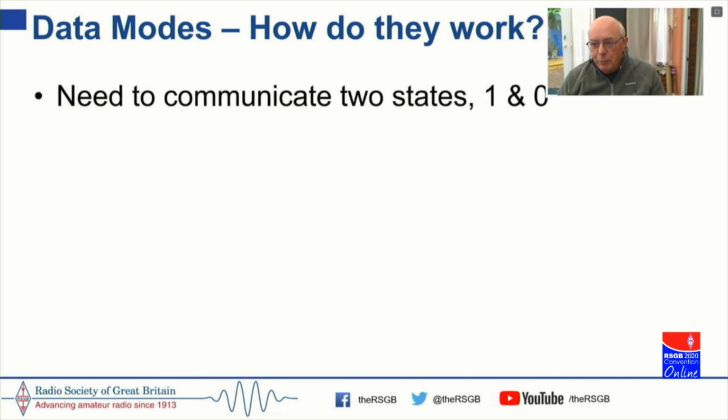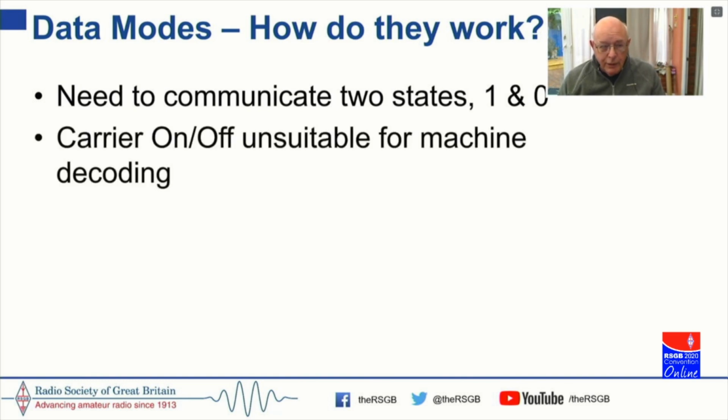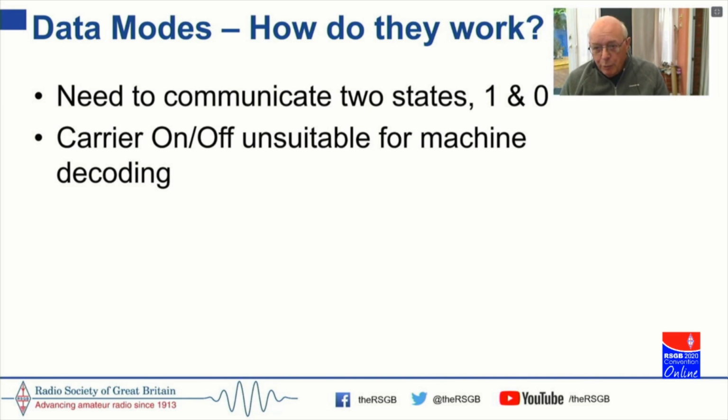So from that, we've established we need to be able to communicate two states, which is a 1 and a 0. Now, we could do what Morse code does and use a carrier on and a carrier off. But the problem with that is we want to decode this with a machine. In the old days, it would have been with a teleprinter, and now it will be with a computer and a sound card.